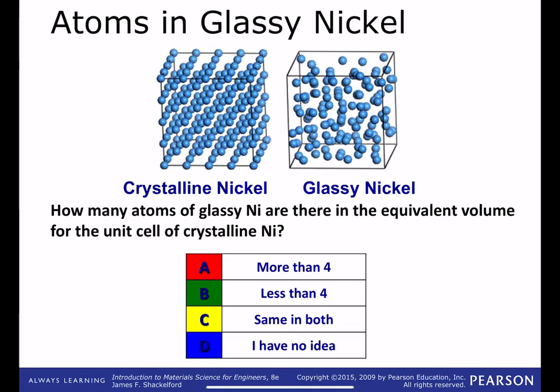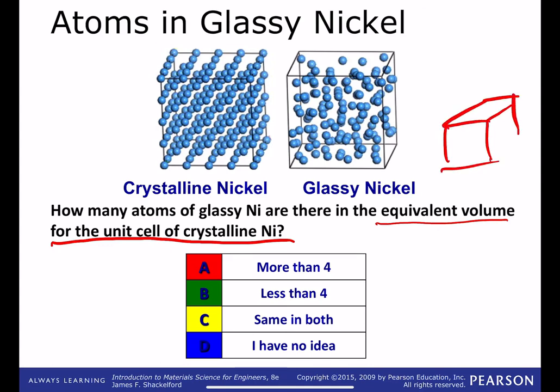So hopefully you feel quite comfortable answering a question like this. How many atoms of glassy nickel are there in an equivalent volume for the unit cell of nickel? If we recall the unit cell for the FCC lattice and the total number of atoms in that. For FCC, remember we had an eighth of an atom at each of the corners to give us 1.